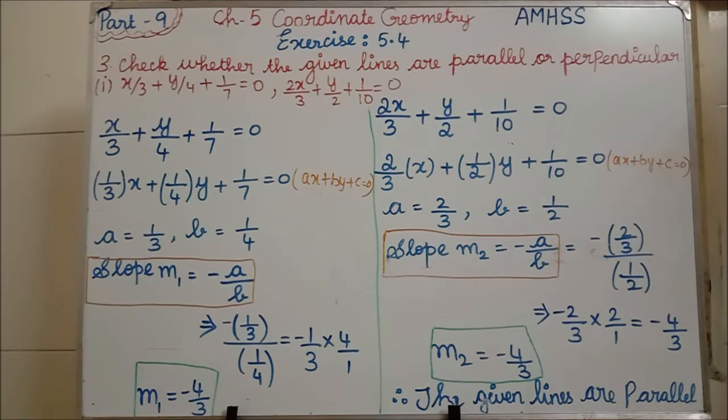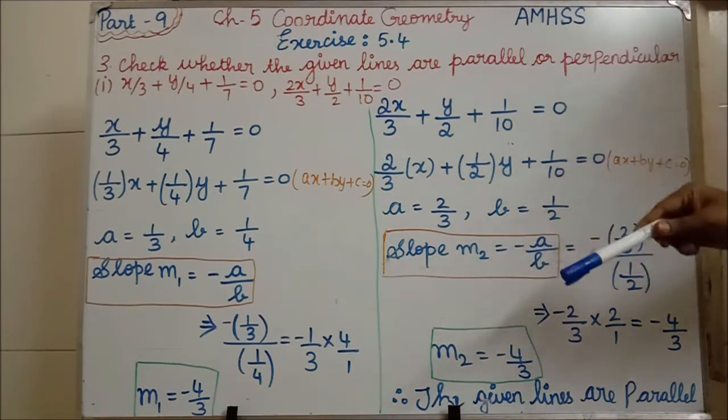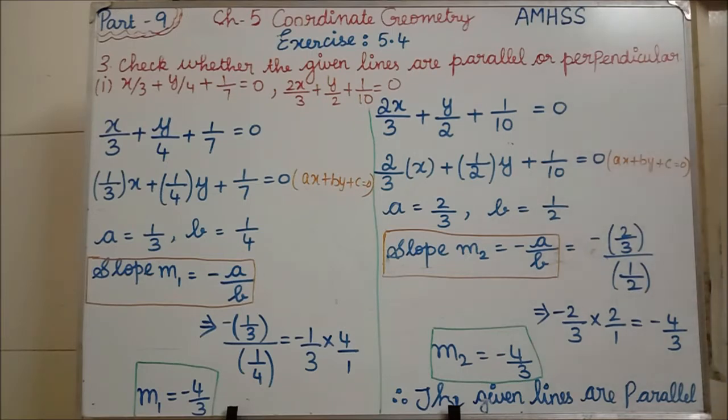Minus 4 by 3. What is the m1 value? Minus 4 by 3. So m1 and m2 are equal, then the given lines are what? Parallel. Therefore, the given lines are parallel. We have to finish it off. Clear, students? Like the same model, you are going to try the third question, second subdivision.